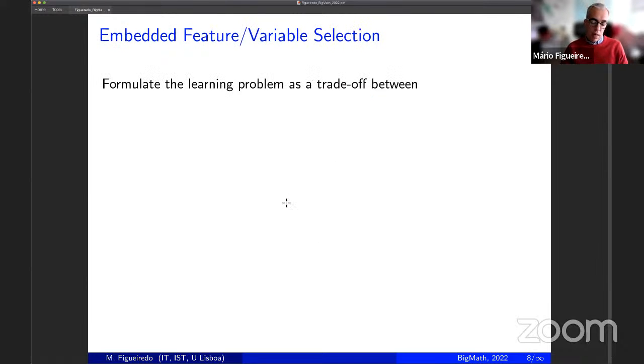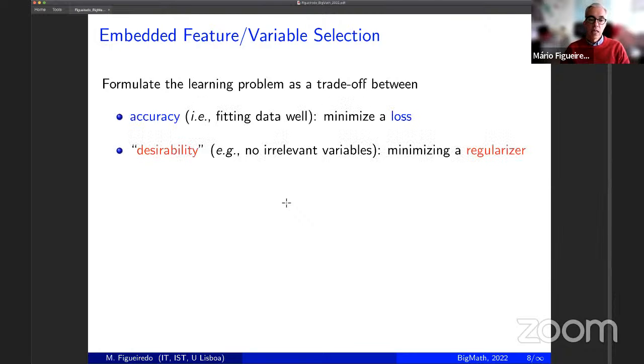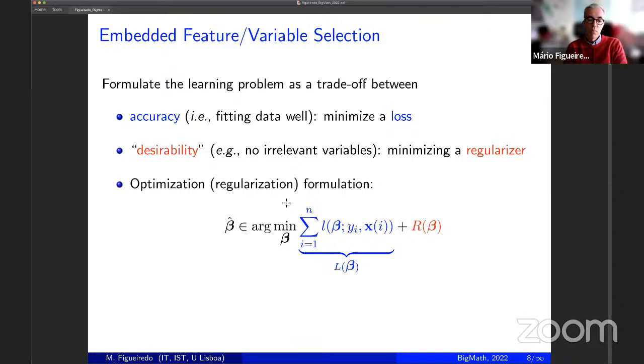And this is usually done by invoking some regularizer. We already heard about this today in a previous talk: sparsity-inducing regularization. But in general, the idea is that you can formulate your regression problem or your learning problem as a minimization problem, where you trade off, you try to minimize something that has 2 terms: some loss function, which for regression could be the squared error loss, and some regularizer.